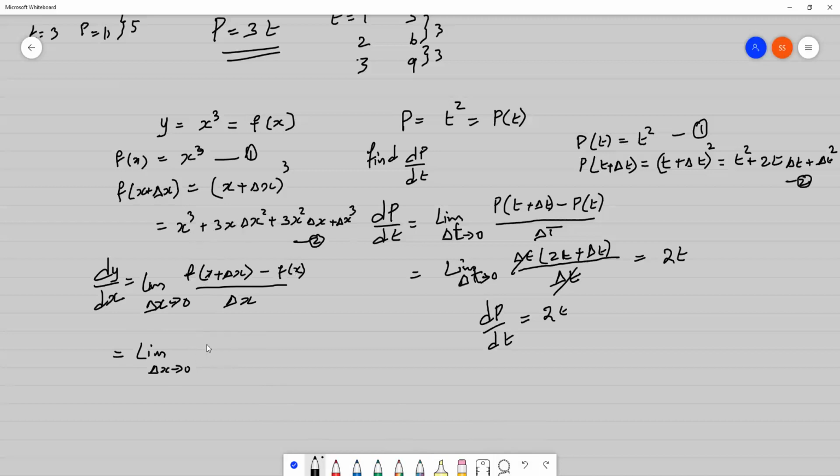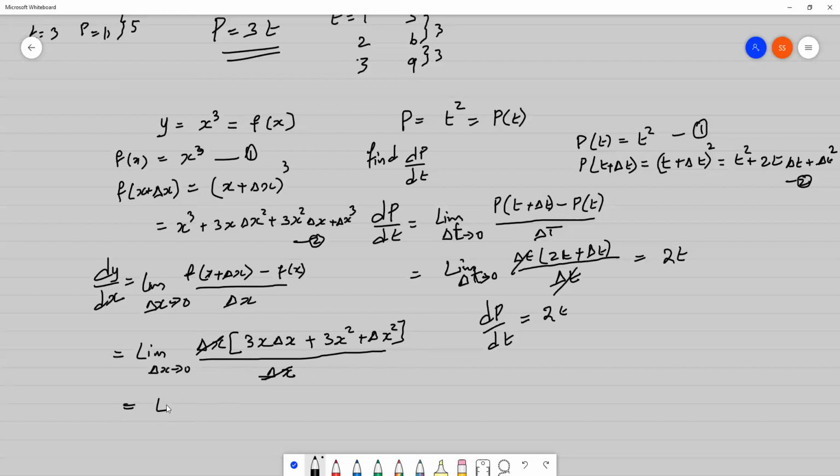If I take del x common outside there, I will get 3x del x squared, 3x del x plus 3x squared. I take a del x common outside plus del x squared. I take a del x common outside, so it will be del x squared by del x. I can cancel this del x and del x.